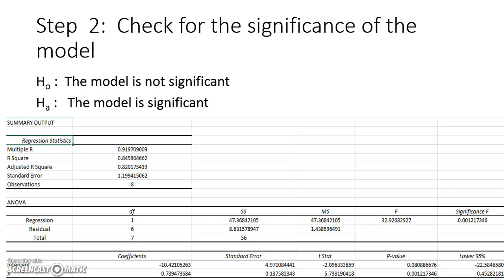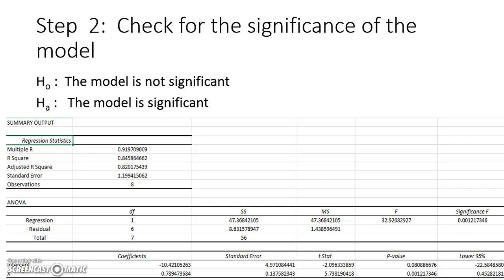Now there is a p-value mentioned as significance F. A very low value of the significance F also indicates that the model is significant. So here we can say that for this data set, if we assume a linear relationship, we are not making any mistake.